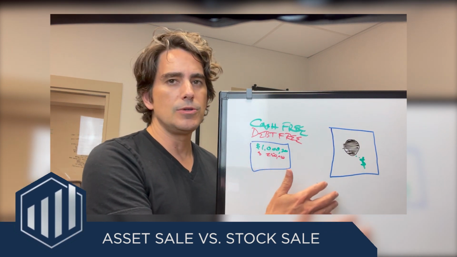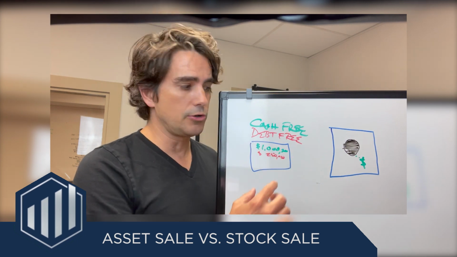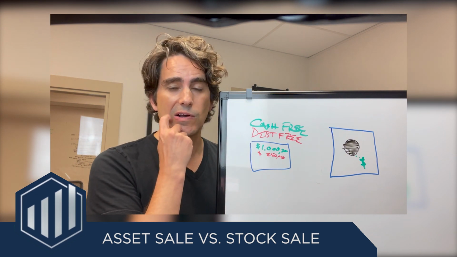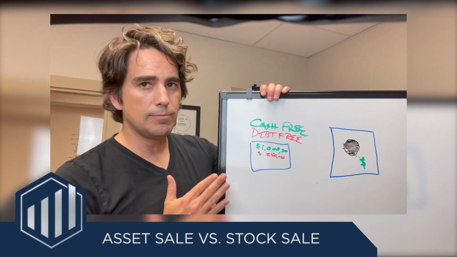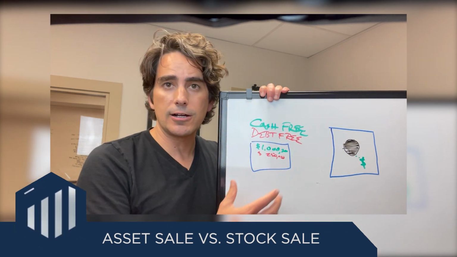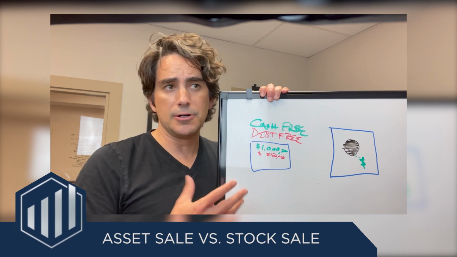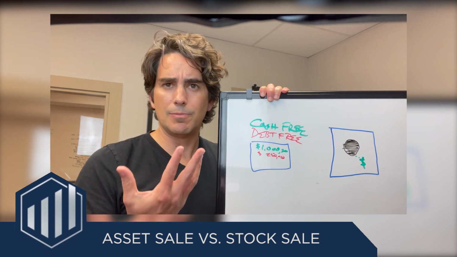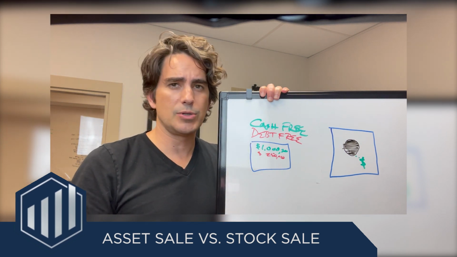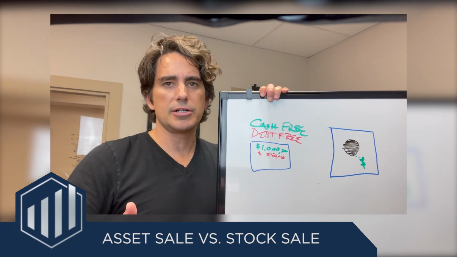So let's say you buy the stock of this company, and now you as the owner are liable for the entire history of this entity. So you buy Whiteboard Manufacturing Corporation, and you buy the stock. And then 4 years after you buy it, a bunch of toxic waste barrels show up in the Pacific Ocean with Whiteboard Corporation printed on the side of them, or there was a bunch of bad product that failed.